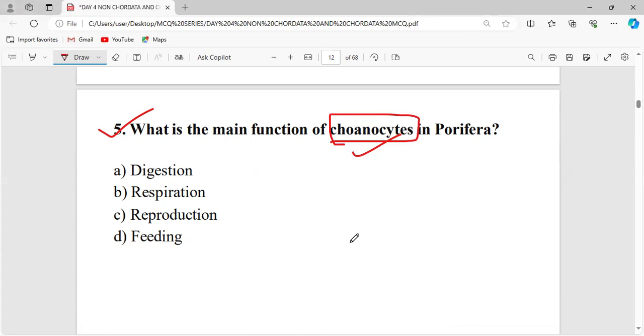Inner layer. What will be the name of that particular inner layer? Choanoderm. In that, which locomotory organelle is present? Which organelle will be present in the choanocytes?